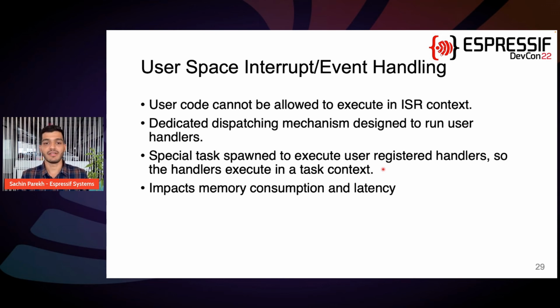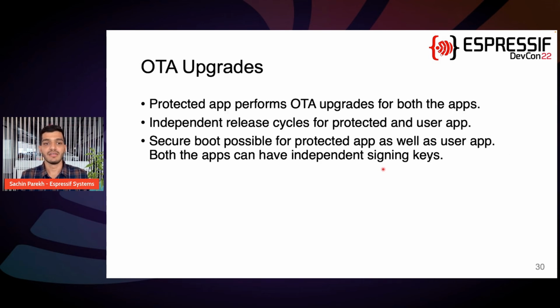So we had to implement our own dispatching mechanism in which we create a dedicated task, which executes the interrupt or event handler of the user as soon as the event occurs. These handlers run in the task context, but we ensure that they get priority over all the other tasks. Now, this definitely has certain impact on the memory, and it also introduces certain latency.